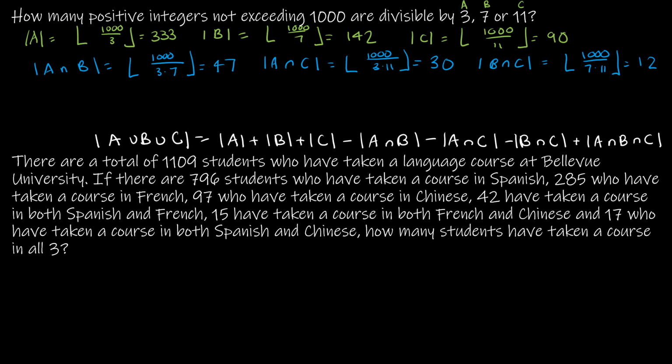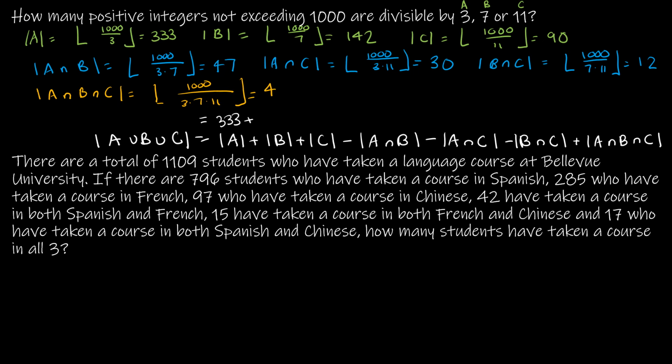All we need now is that last one, which is going to give us, let me switch colors, the intersection of A, B, and C. So the floor function of 1,000 divided by 3 times 7 times 11, which is 231, and that value gives us 4.